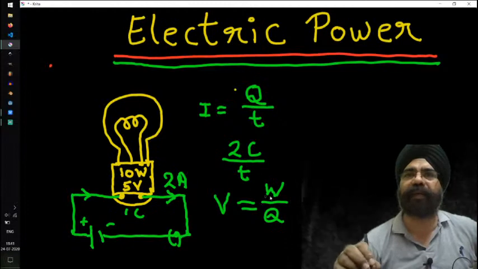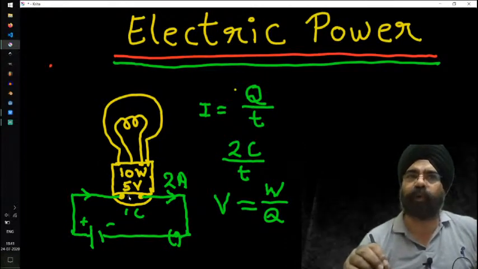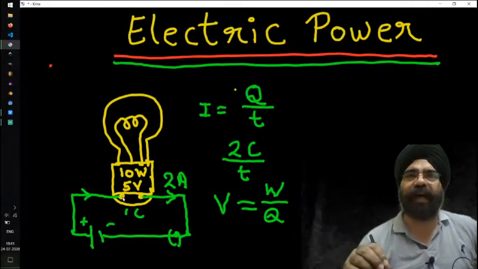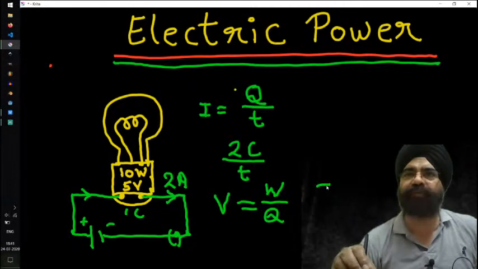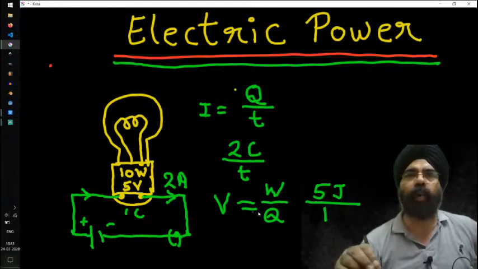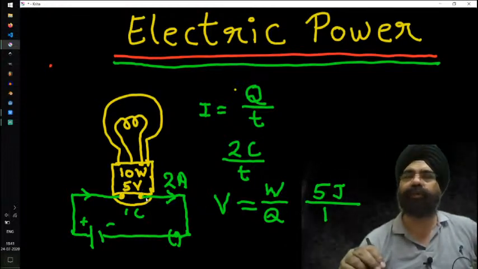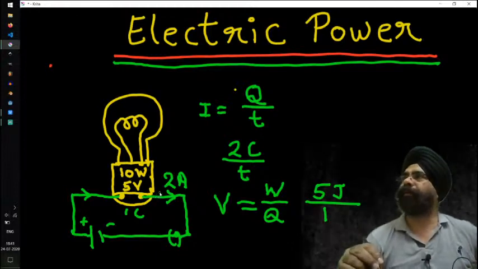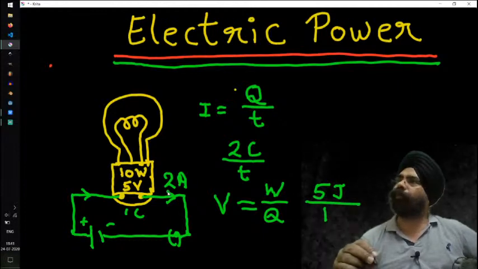If it says 5 volts, it means that I will have to spend 5 joules of energy to carry 1 coulomb of charge from this point to the other point. Everybody understood? Priya says the work done to move a charge from one point to the other point.